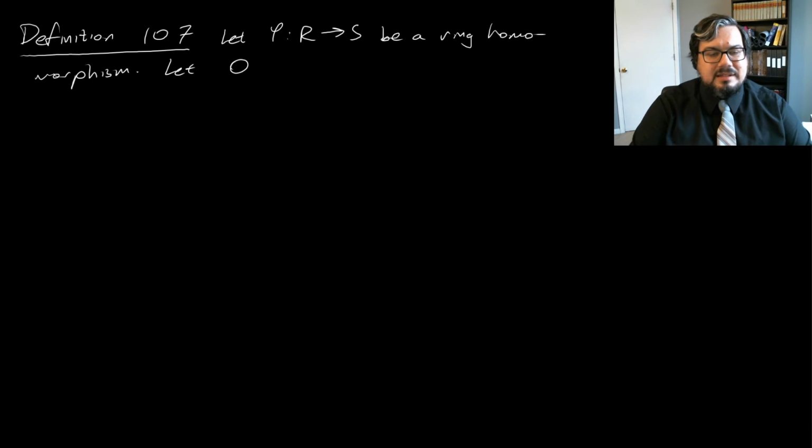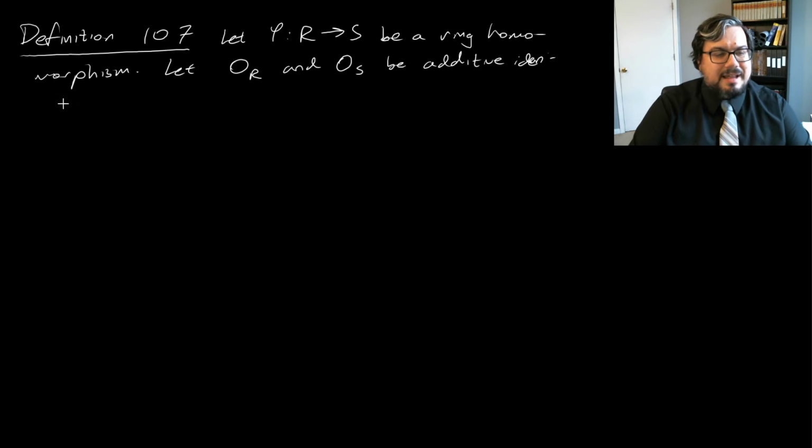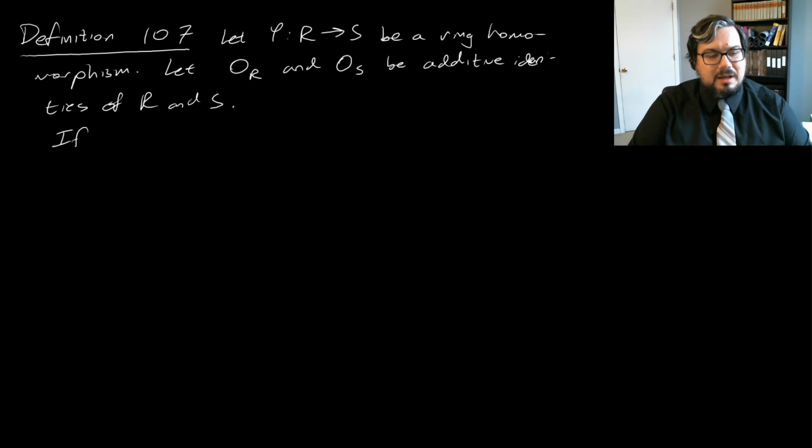And let 0 subscript R and 0 subscript S be the additive identities, that is, the zeros of R and S, respectively. So we've got 4 terms we're going to define.